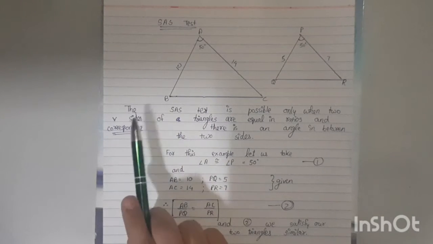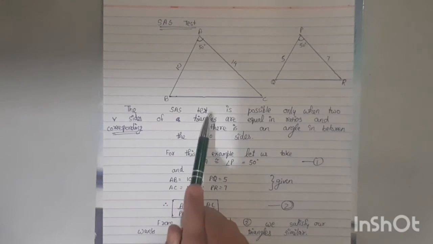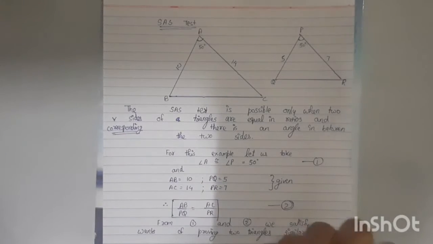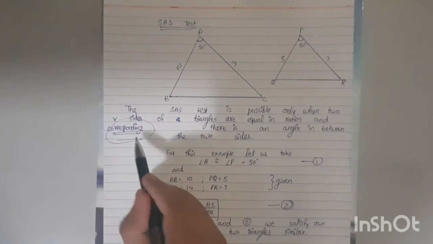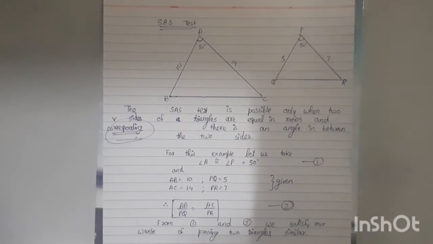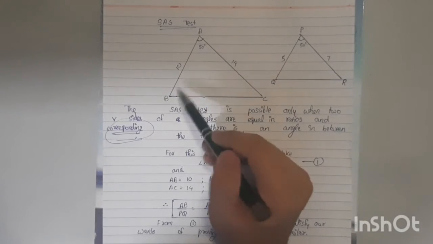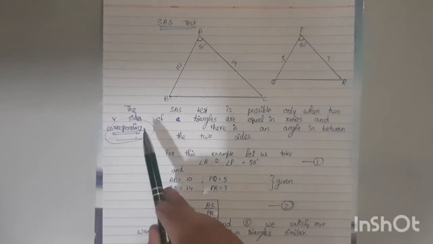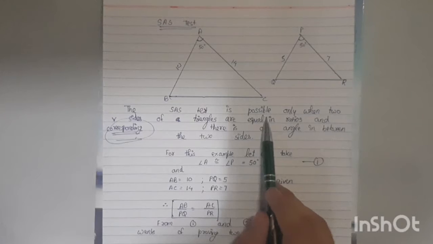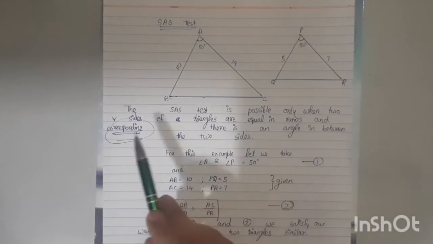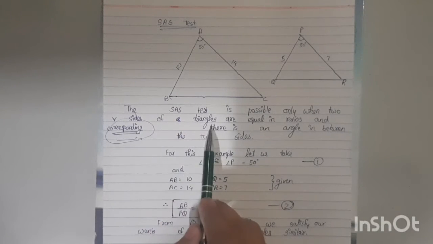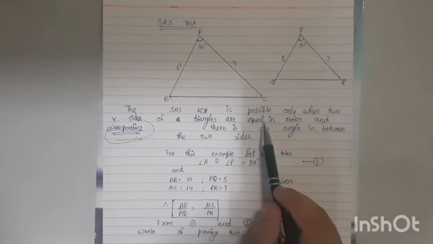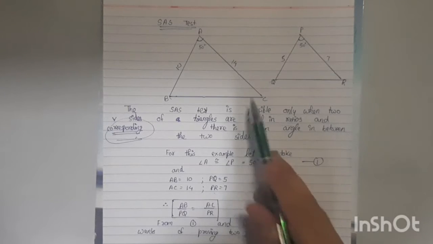The basic thing is that the SAS test is possible only when 2 corresponding sides, and yes, this word corresponding is of more importance, because here we are going to take AB and PQ. So AB and PQ should be corresponding sides, and the two corresponding sides of the triangles are equal in ratios. You will get to know it further in this example.